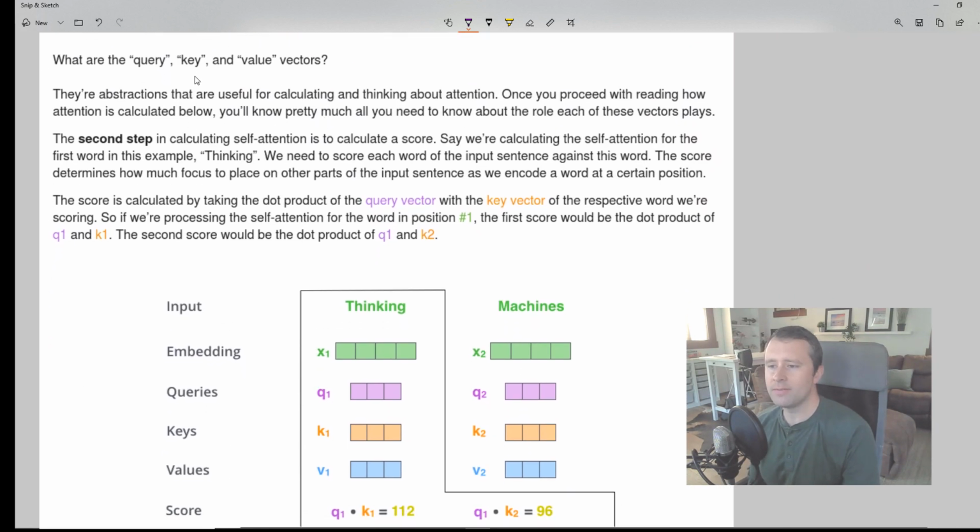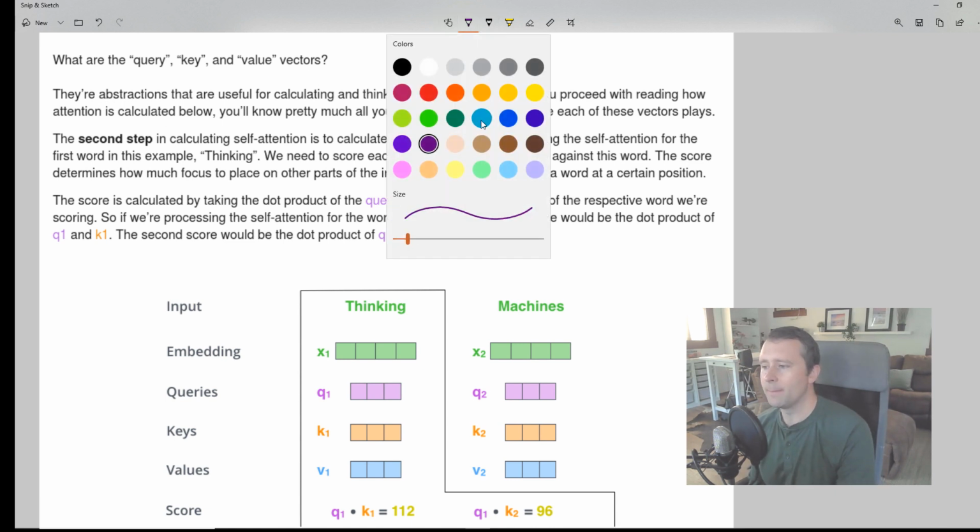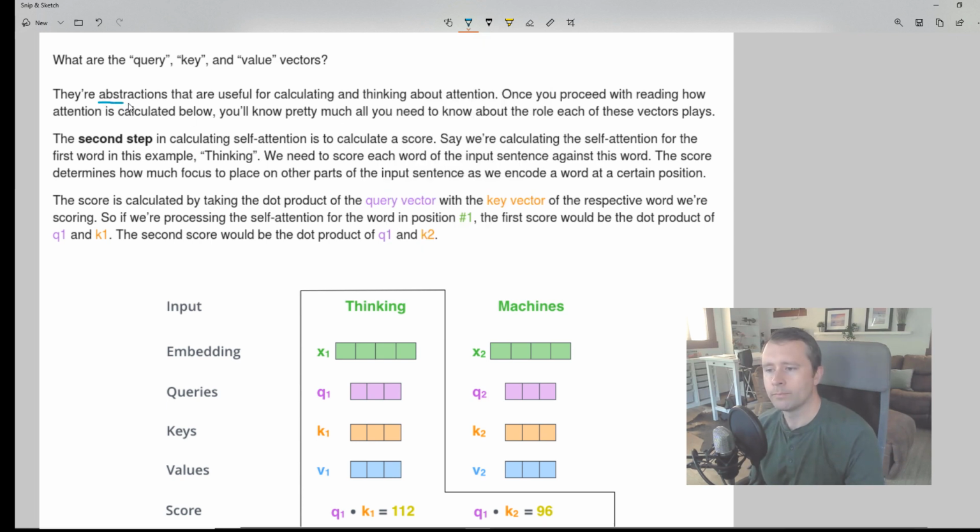All right, so what are the query, key, and value vectors? They're abstractions that are useful for calculating and thinking about attention. What I think he means there about calling them abstractions is just that these names are a little arbitrary. The most correct interpretation of what's going on is really just the math.